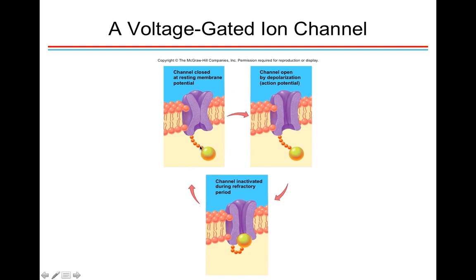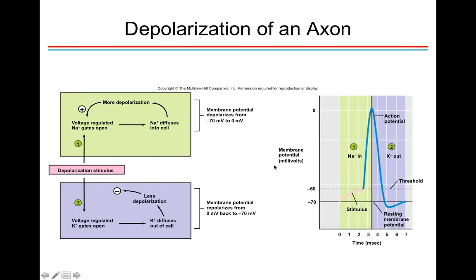So this is going to be negative 70, right? If the membrane potential, which is not resting anymore, goes to negative 60, this channel is going to open, okay? And then ions can come through. So I want to show you over here, the membrane potential goes from negative 70 to negative 60.